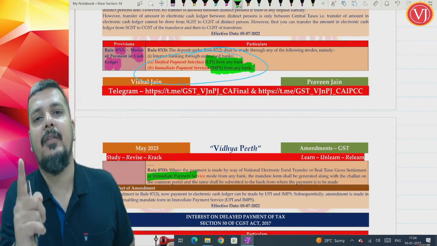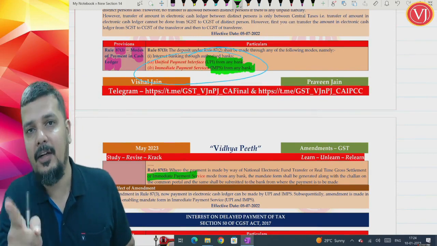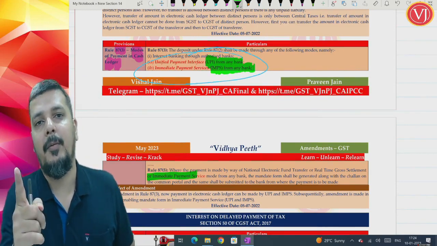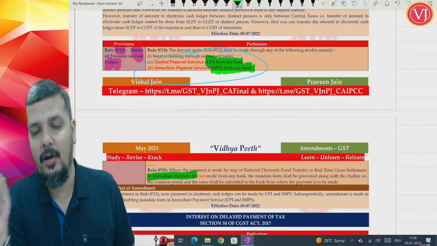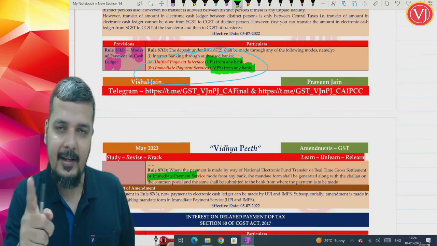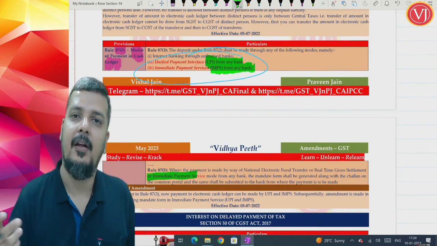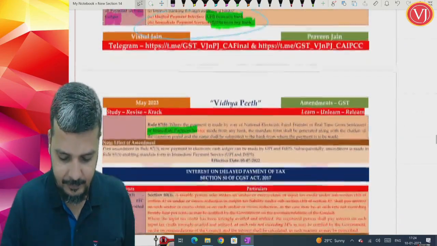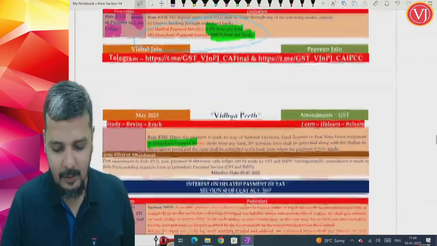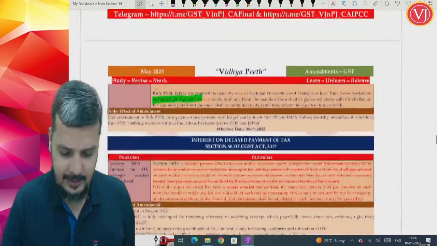The limit is only there for offline payment, and that too only for over the counter payment by way of cash, cheque or demand draft, not for NEFT and RTGS. Only there is a limit of rupees 10,000 per tax period per challan, and that too has certain exceptions. So that is all about your rule 87 sub rule 3.